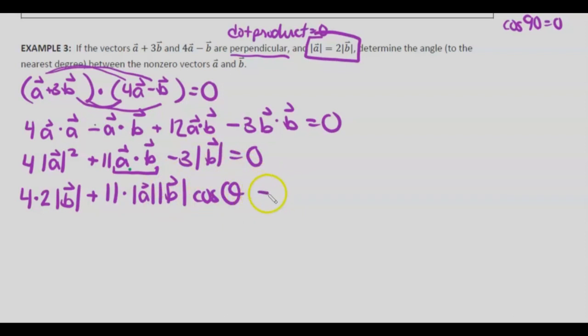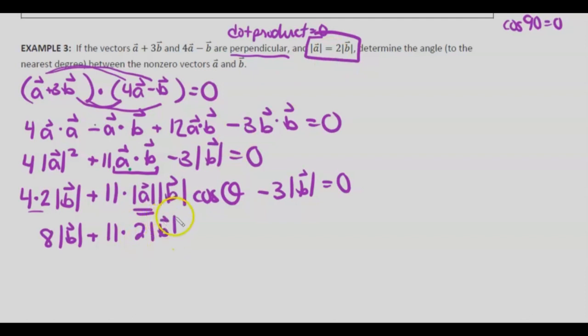Then I bring down the negative 3 magnitude of vector B. We can leave it like that because we want everything in terms of B. In the next line, I simplify the 4 times 2, so we get 8 times the magnitude of vector B, plus 11 times the magnitude of vector A, where again we substitute 2 times the magnitude of vector B, then the magnitude of vector B cos theta, minus 3 magnitude of vector B equals 0. I missed the squared on here.